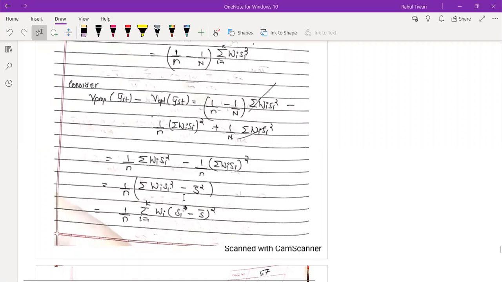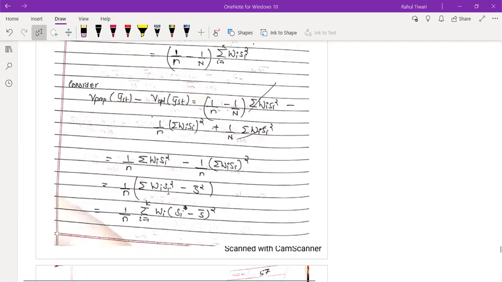और देन if you just understand these concepts, one can write wi si minus s bar square का होल स्क्वायर. तो ये कैसे लिखा आप दोनों ने, how we can write this quantity? Can we write this is nothing but this one? Yes, yes.